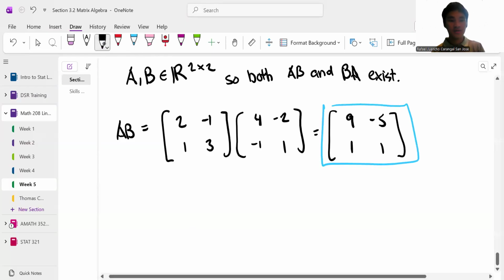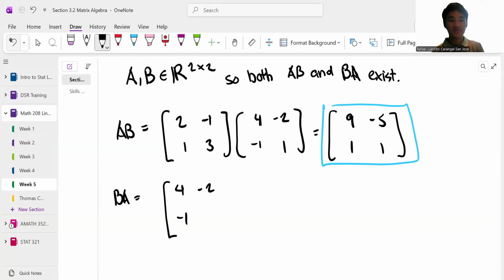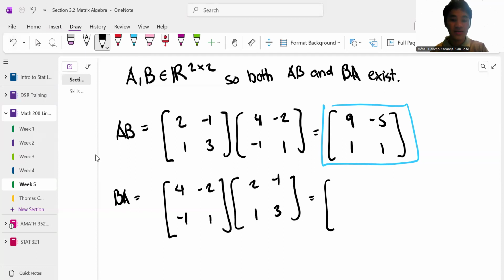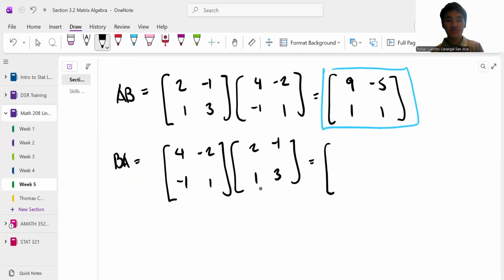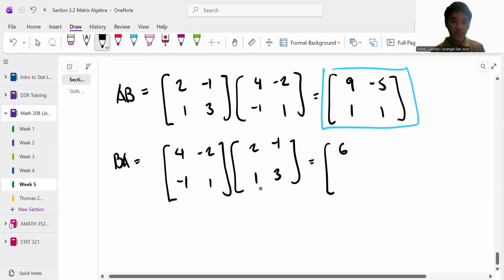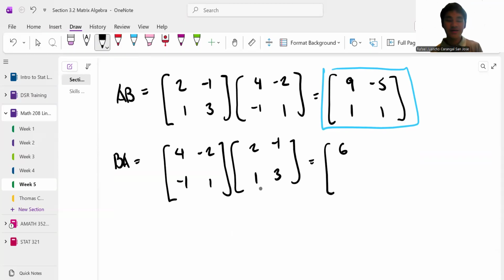Okay, now let's try BA. From the previous video, we know that the order in which we multiply the two matrices does matter because they produce different results. So what I'm saying here is that the product AB is different from the product BA, and I'm going to show you that right now. So 4 times 2 is 8, minus 2 is 6. So immediately we can see they are different.